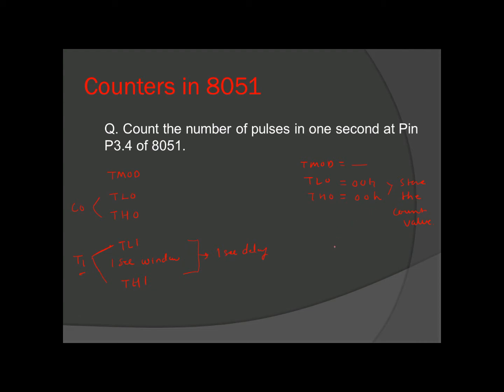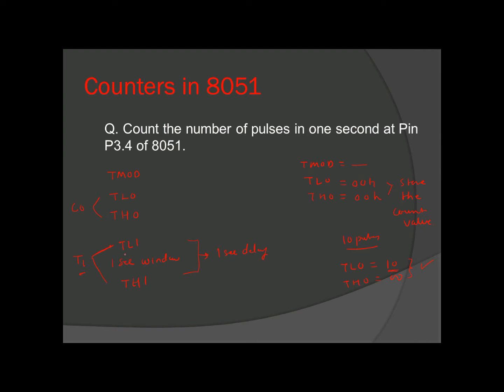So let's say if I get 10 pulses in 1 second, then the value of TL0 will be equal to 0 and the value of TH0 will be equal to 0, 0. So from 0, 0 to 10, it will be incremented for every pulse. So ultimately, at the end of execution, we'll come to know how many pulses we have detected at pin 3.4, and that value will be in TL0, right?